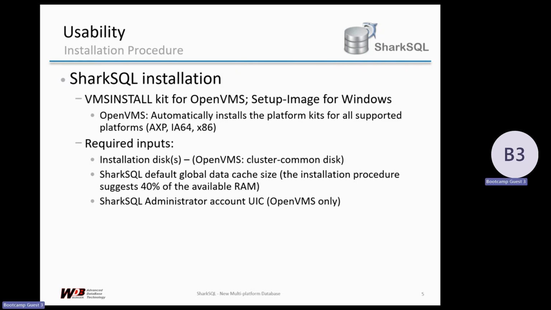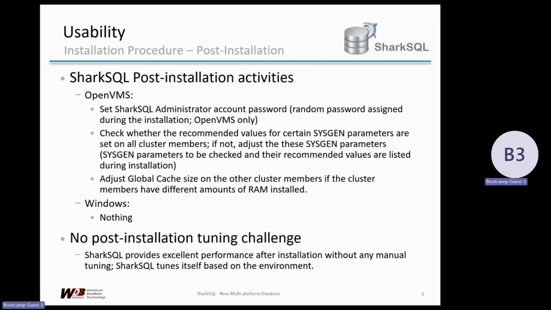This is how it works in SharkSQL. During the installation process, you are asked where to install it and how much global cache you are using, and on OpenVMS, you are asked for the administrator account. The post-installation activity on OpenVMS is just to set the password, because during installation only a random password is applied to the administrative account.